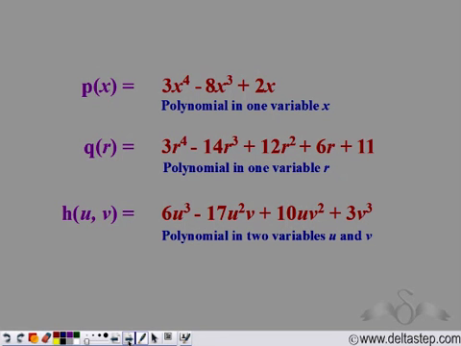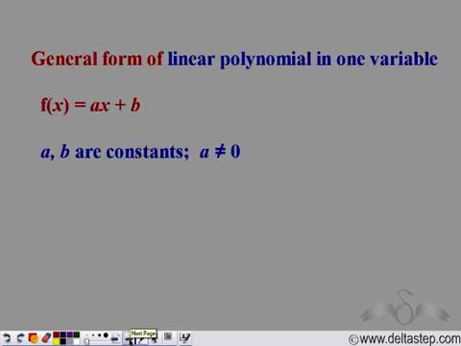Now, do you remember what linear polynomials are? A linear polynomial is a polynomial which has degree 1. And what is the general form of a linear polynomial in one variable? It can be denoted as f(x). f(x) is a polynomial in one variable x, and the general form of a linear polynomial in one variable is ax + b.